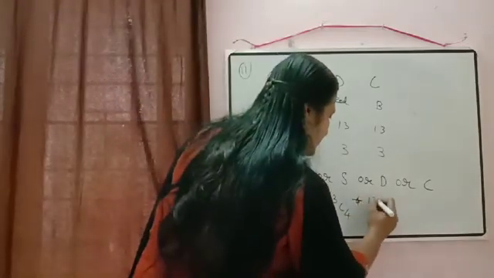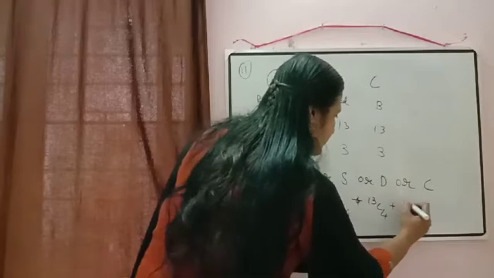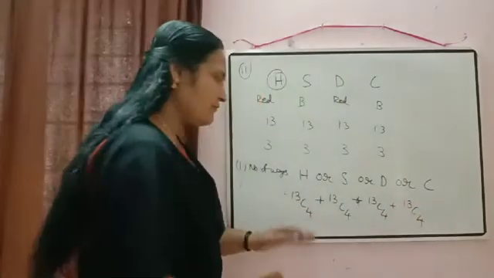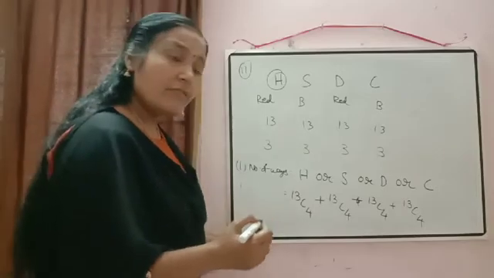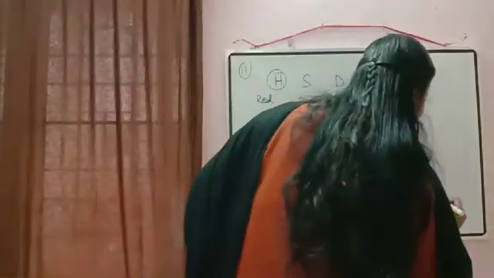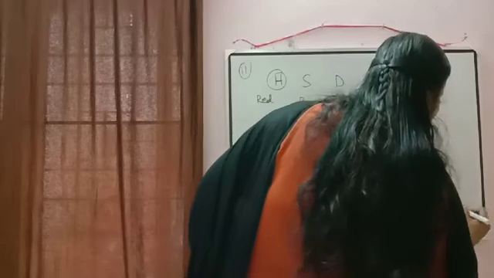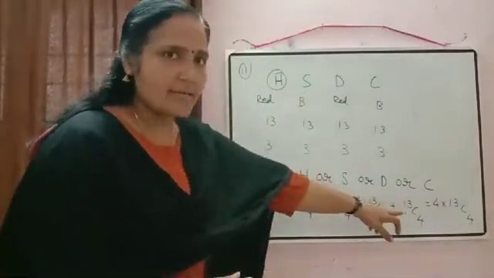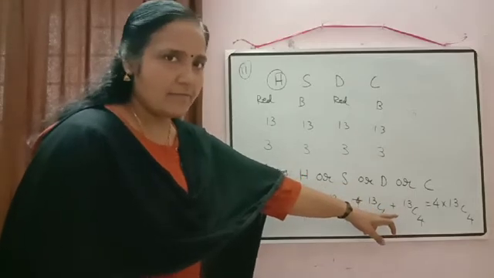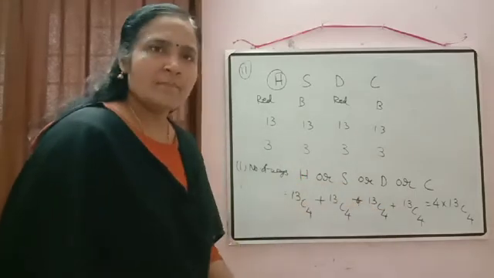Or means plus, so it will be 13C4 plus 13C4. So how many times are we adding 13C4? 4 times. So directly you can write 4 into 13C4. Now the rest of the calculations you can do by yourself. I am just explaining the concept.